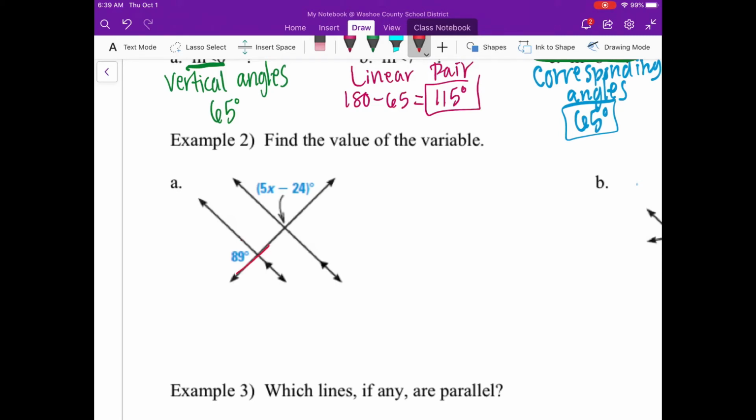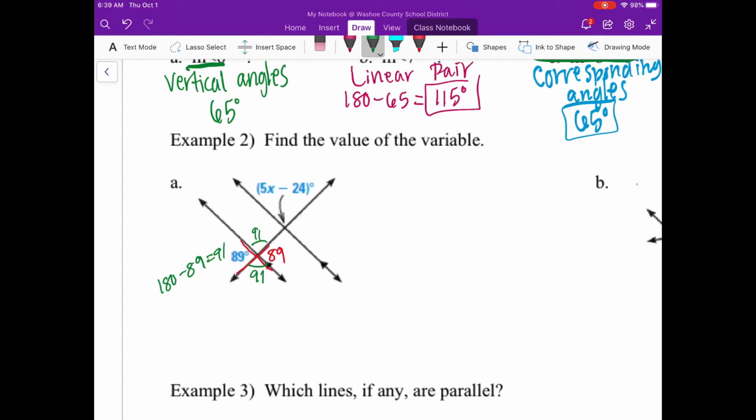So for example, because these are across from each other, I'll label these because that's a vertical angle. I also could find the linear pair of these. So I could figure out what this is by doing 180 minus 89. And that's going to give me 91. So this is 91 and this is 91.